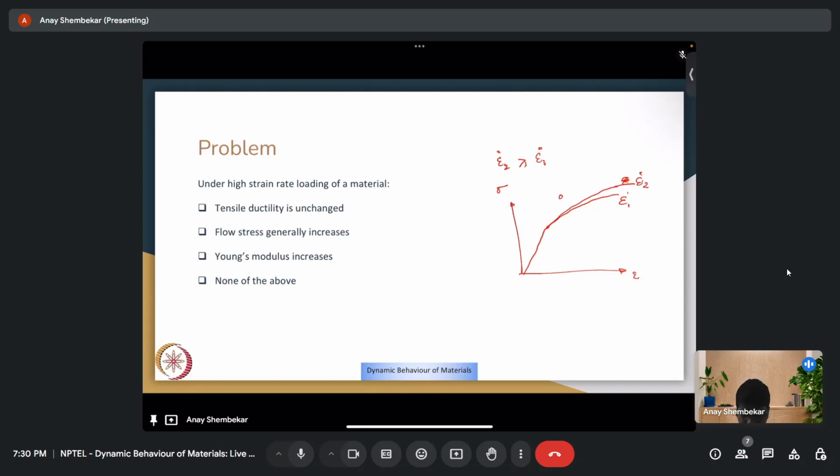So we know that the tensile ductility should increase, and we also know that the flow stress would be higher. So here I think only option B, flow stress higher. Again, Young's modulus is unchanged in the linear elastic region. Both of them are overlapping, so there's no change there as such.